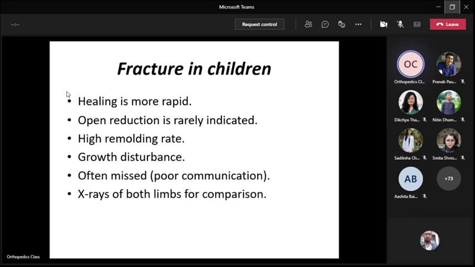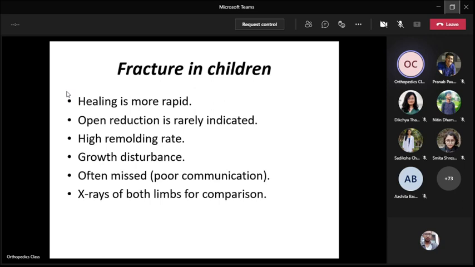The other important factors in children: healing is more rapid. Open reduction, that means operative intervention, is very rarely indicated. Yes, there are certain situations, certain fractures, where you have to go for open or closed reduction. But most of the time, healing is rapid and conservative management is equally good.